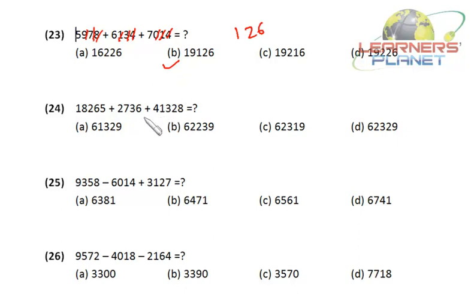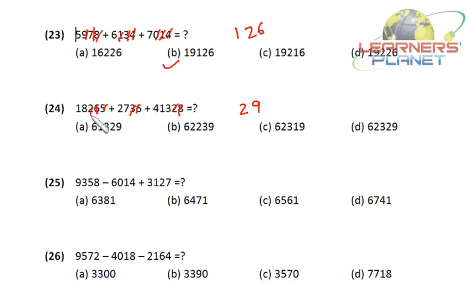Okay, similarly in this problem, 18265 plus 2736 plus 41328. It's 5 plus 6, 11, plus 8, 19. I write 9 over here and 1 will be carried. 1 plus 6, 7, and 3, 10, and 2, 12. Further I write 2 over here and 1 will be carried.